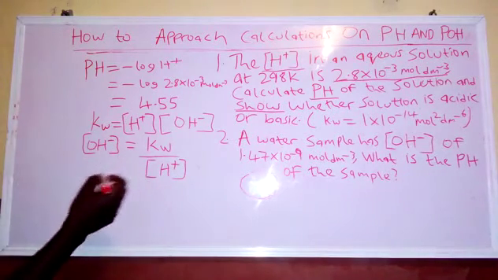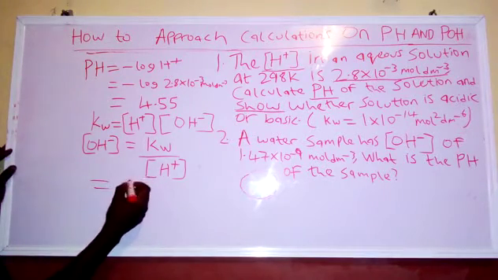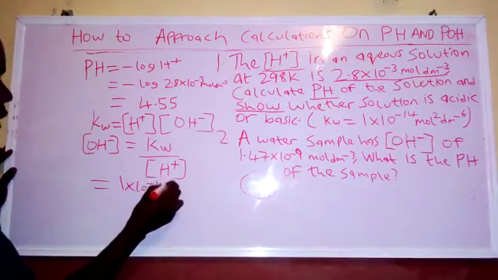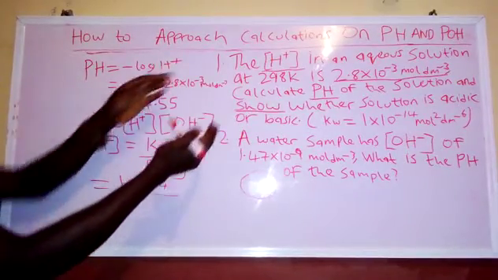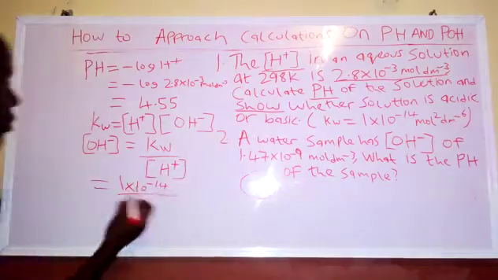So now when you do that, what you have finally is this. Our ionic product of water is 1 times 10 raised to the power minus 14 mole squared per dm to the power minus 6, all over our hydrogen ion concentration, which is 2.8 times 10 raised to the power minus 3 mole per dm cube.